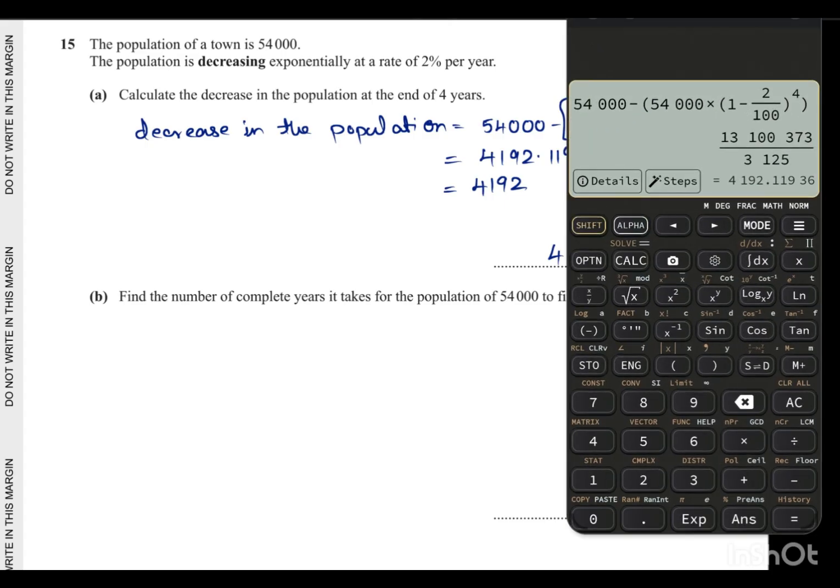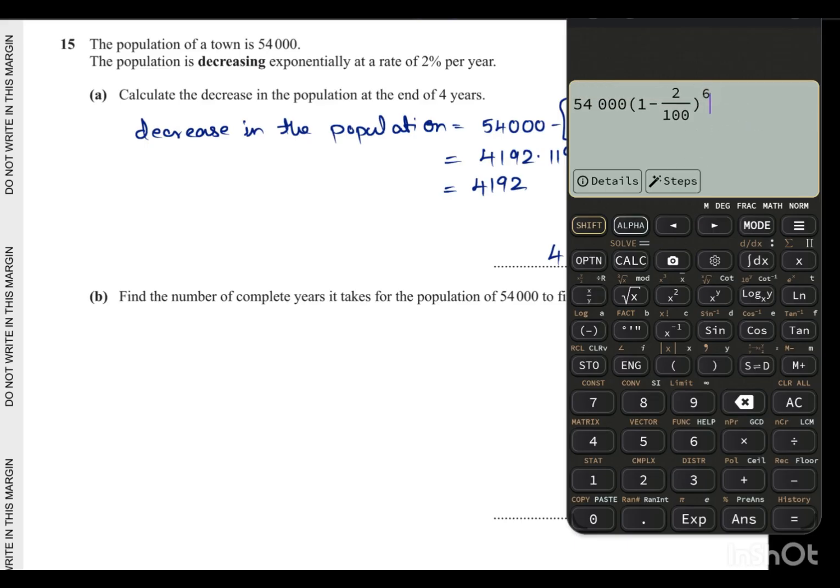So let us take the depreciation thing here using the value of n. 54,000 into 1 minus 2 by 100, whole raised to, let us take 6. So if I take 6, it is 47,000. It's not falling below 44,000.